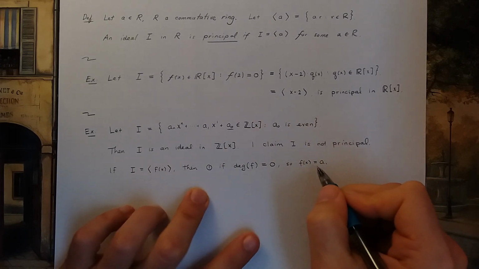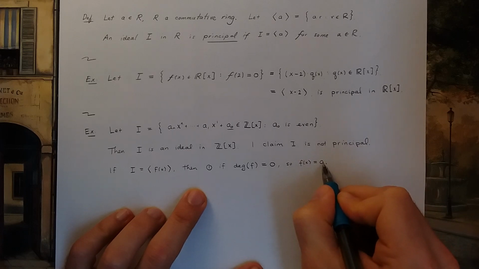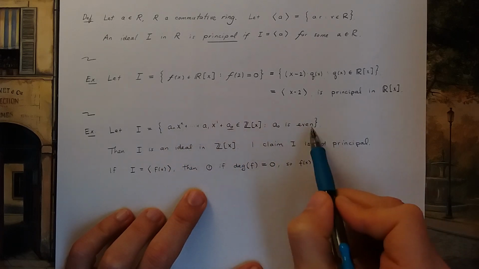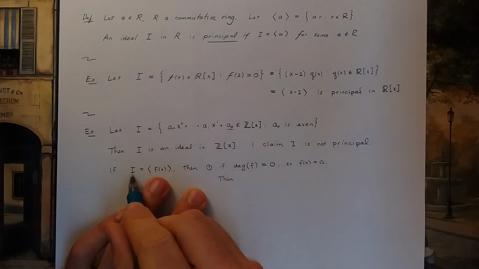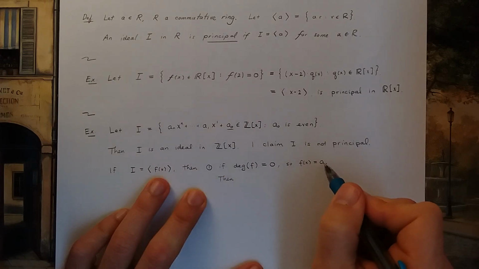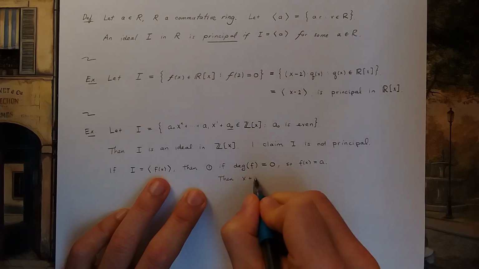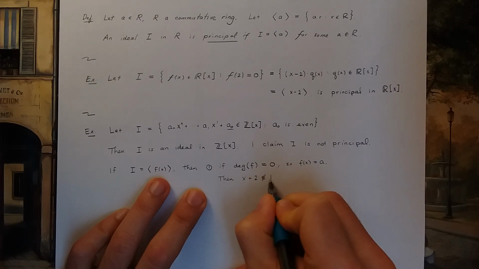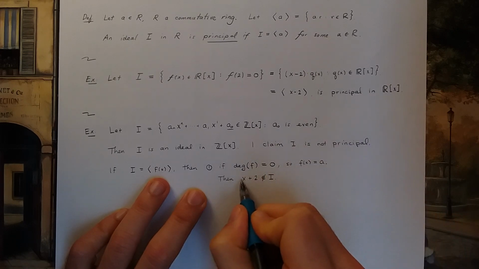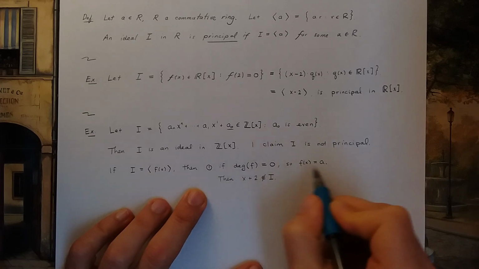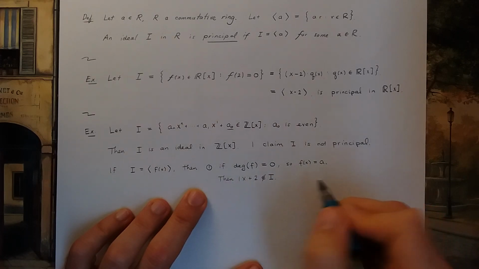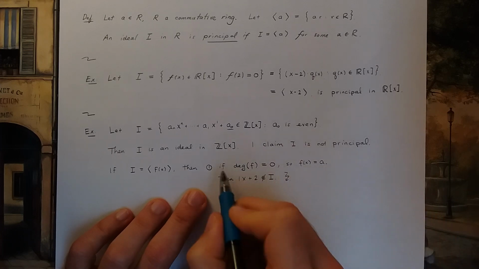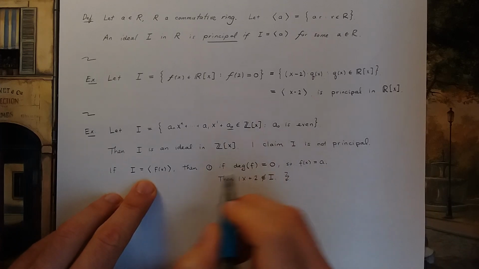If that happens, a has to be an even number because it has to satisfy this condition. Then every polynomial in I would be a multiple of your even number, and x plus 2 would not be an element in I. You couldn't get x plus 2 because x plus 2 is not a multiple of a single even number because the coefficient of x is odd. So that's a contradiction. So in other words, the degree of f cannot be 0.